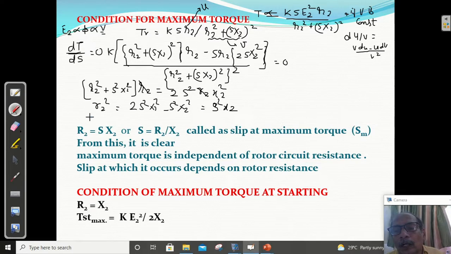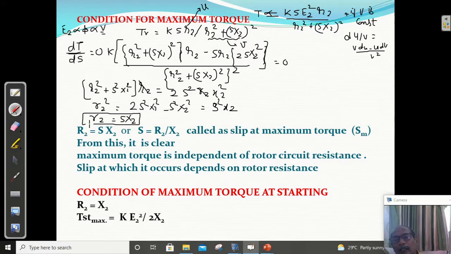So R2 equals sx2. This condition you will get, R2 equal to sx2. This means that in the running condition, when R2 equals s times x2, at that case you will get the maximum torque.